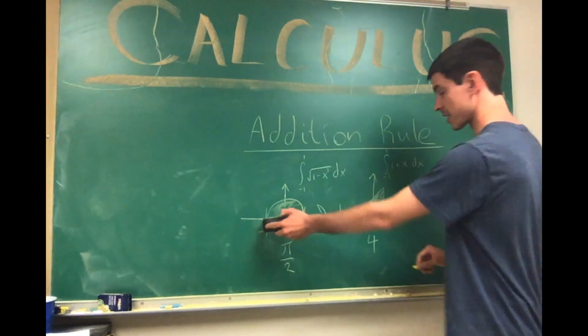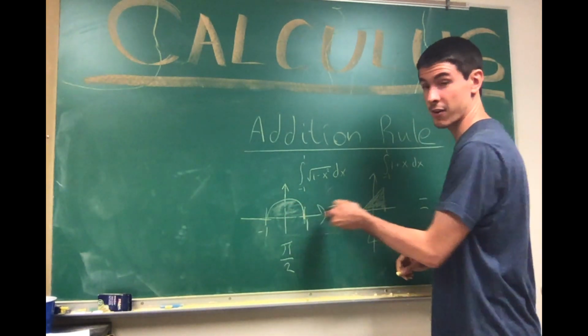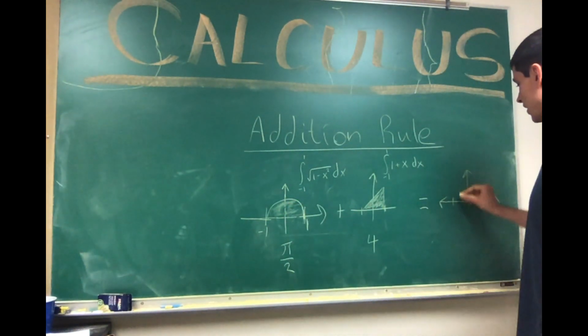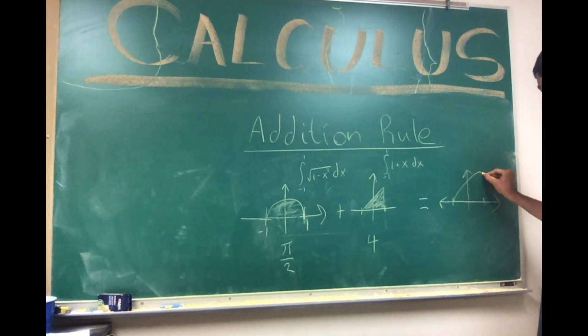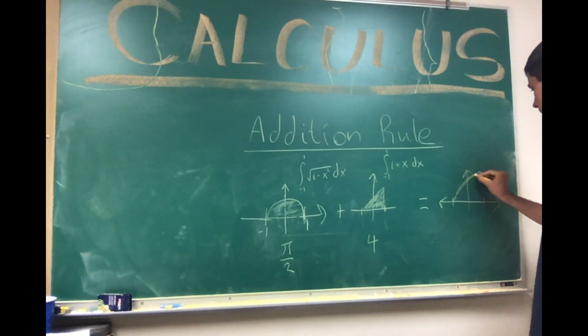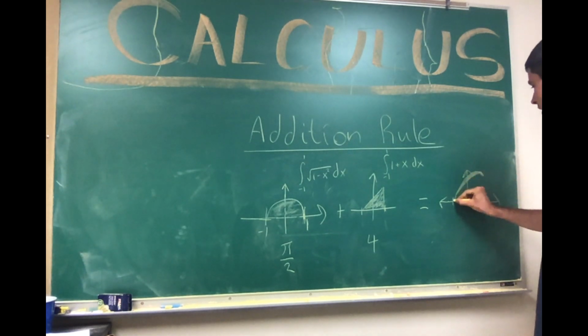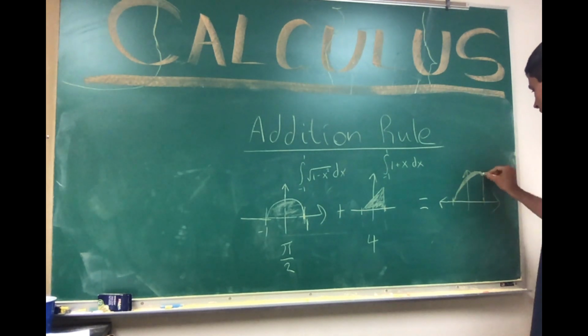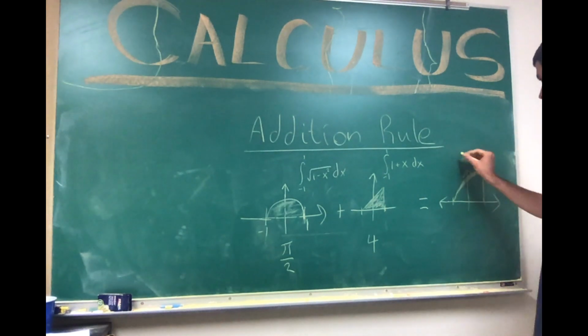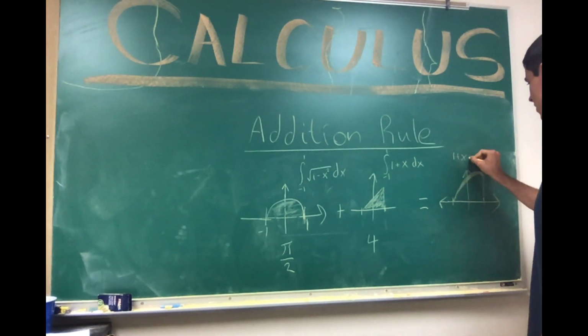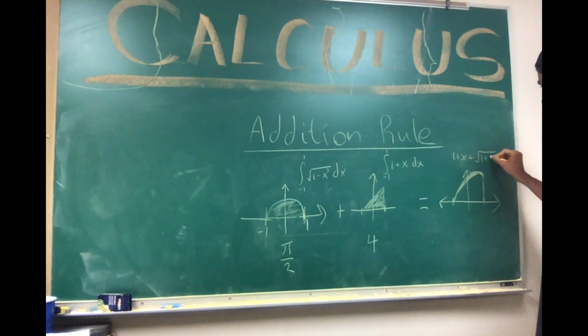It's not going to be a semicircle, but if we pointwise add everything from this to this, we get this slightly funny looking, somewhat curvy function, with its maximum shifted over a little bit, as you can see by taking the derivative. So this curve is 1 plus x plus the square root of 1 minus x squared.